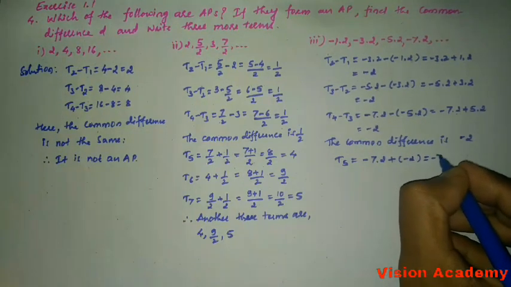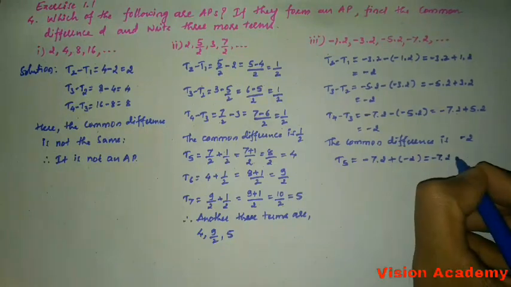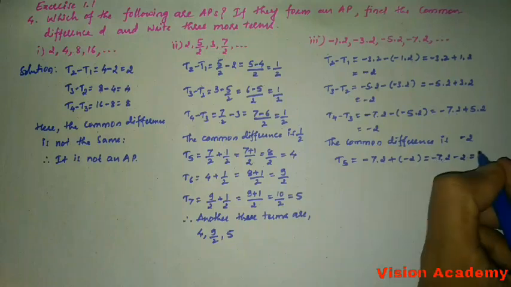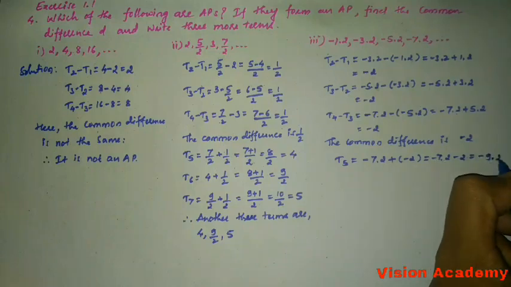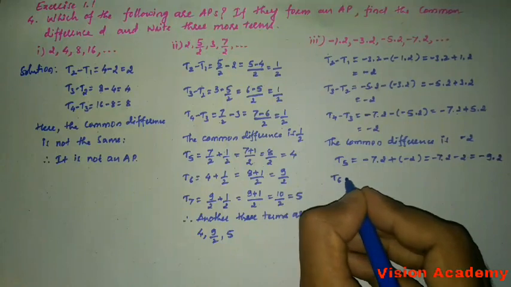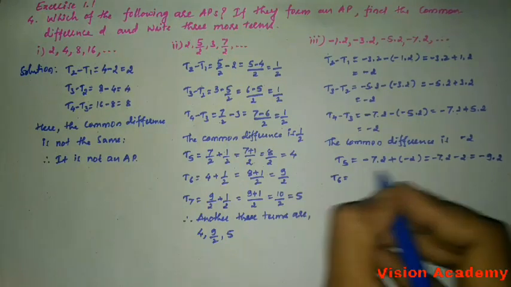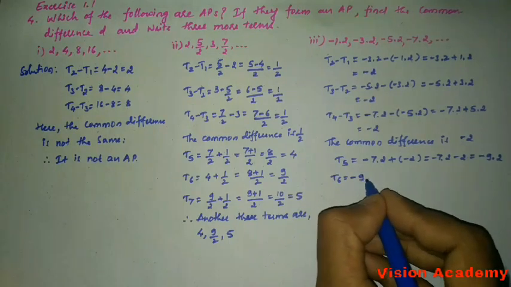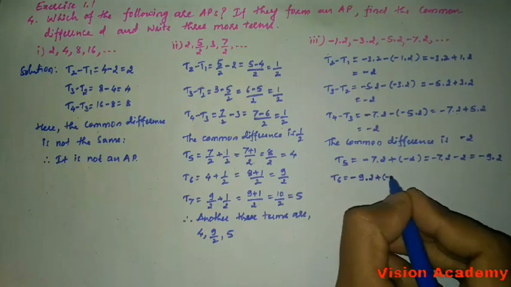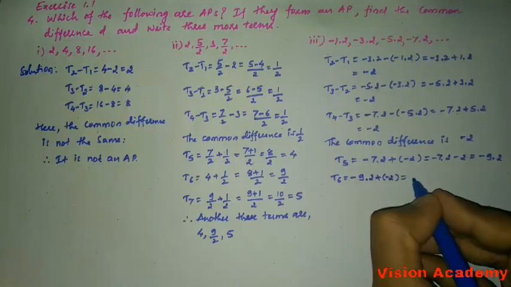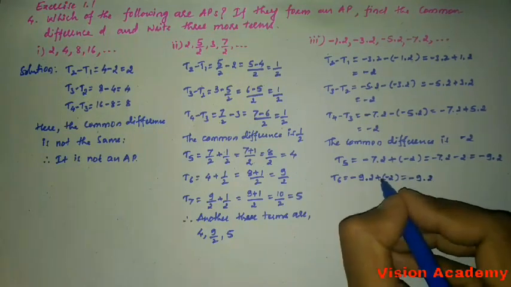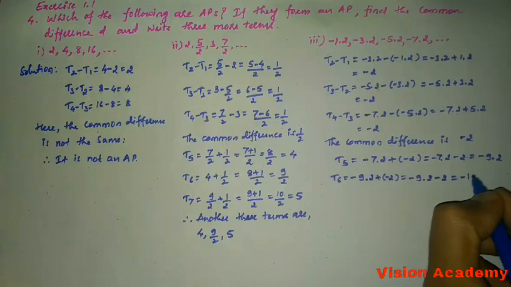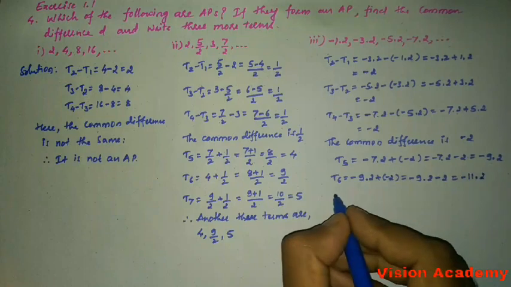This gives us minus 7.2 plus into minus is minus 2, which is equal to minus 9.2. Here T6 is equal to, add this minus 2 to minus 9.2. Minus 9.2 plus minus 2, which is equal to minus 9.2 plus into minus is minus 2, which is equal to minus 11.2.